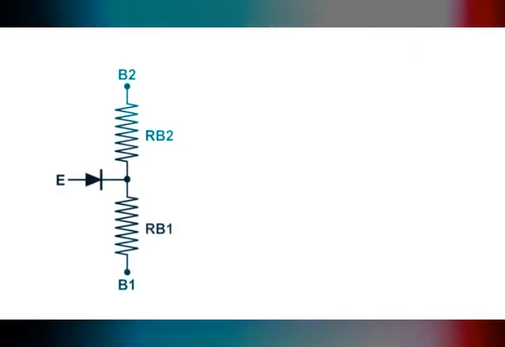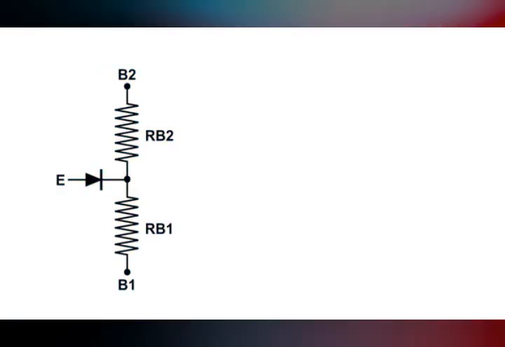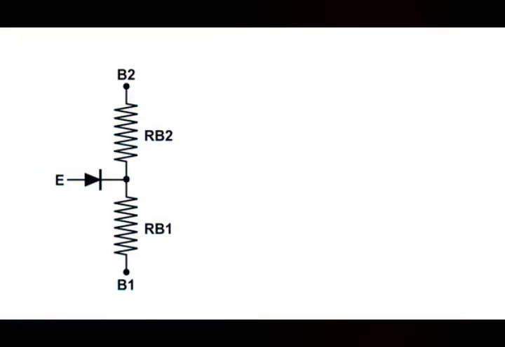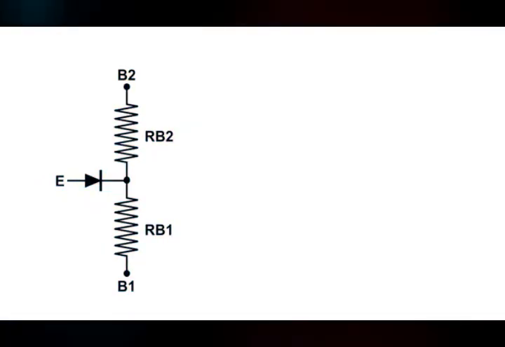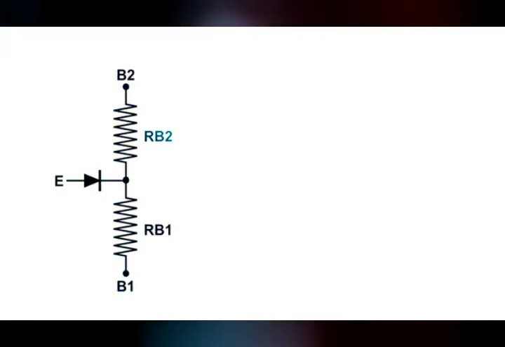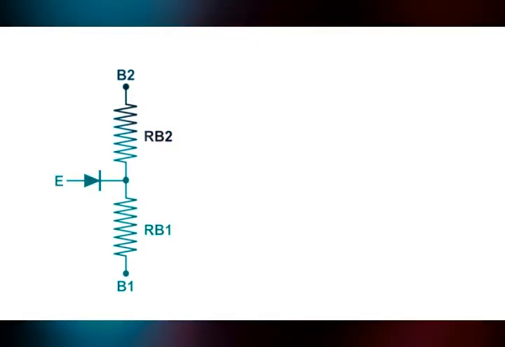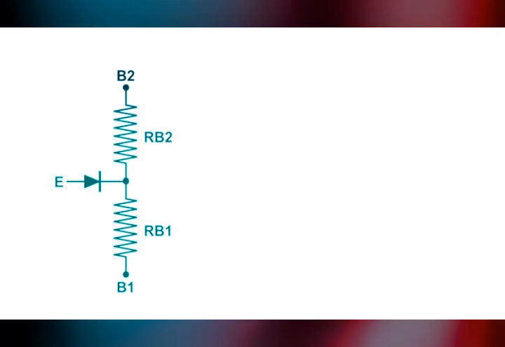According to the equivalent circuit you see, the N-type channel basically consists of two resistors, RB1 and RB2, placed in series with an ideal diode, D, representing a PN junction and connected to the center of the resistors. This PN junction emitter is placed in a fixed position along the ohmic channel during the manufacturing process and cannot be changed.